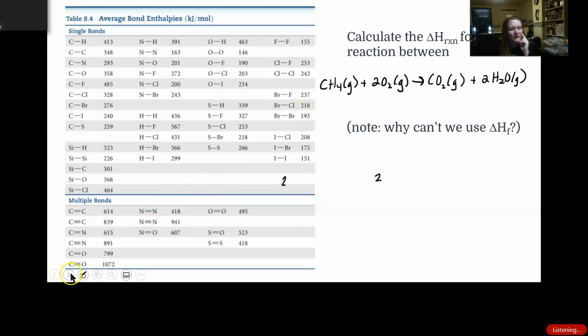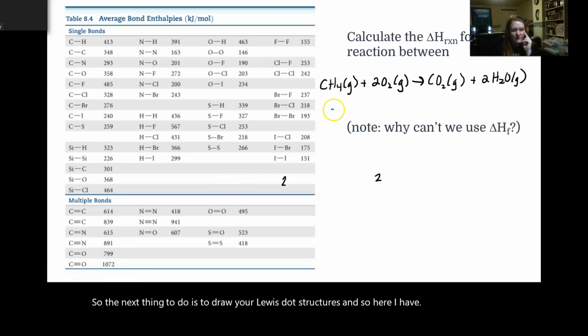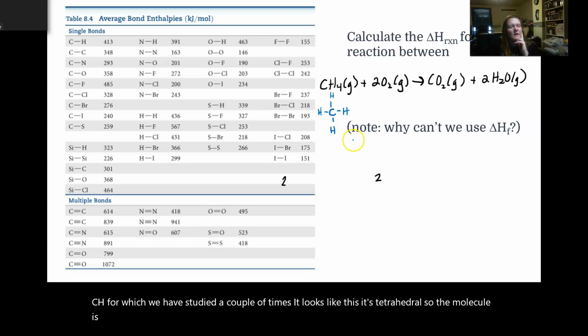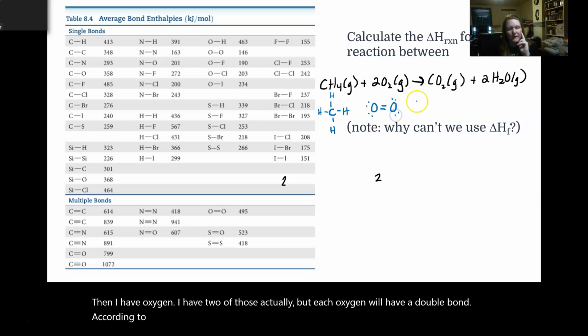So the next thing to do is to draw your Lewis dot structures. And so here I have CH4, which we have studied a couple of times. It looks like this. It's tetrahedral, so the molecule is nonpolar. Then I have oxygen. I have two of those actually, but each oxygen will have a double bond according to both Lewis dot structures and MO theory.